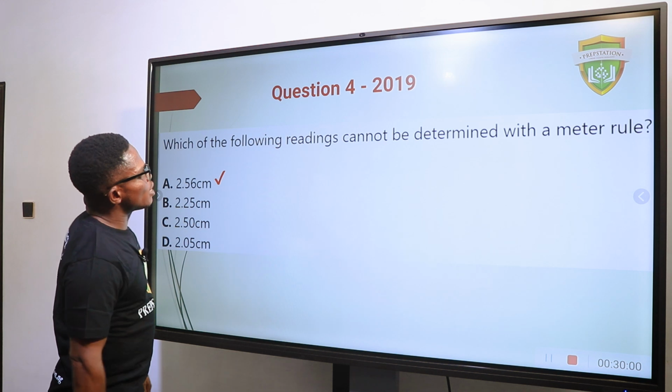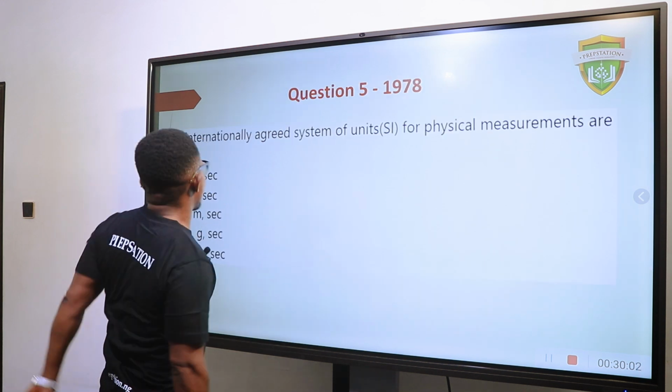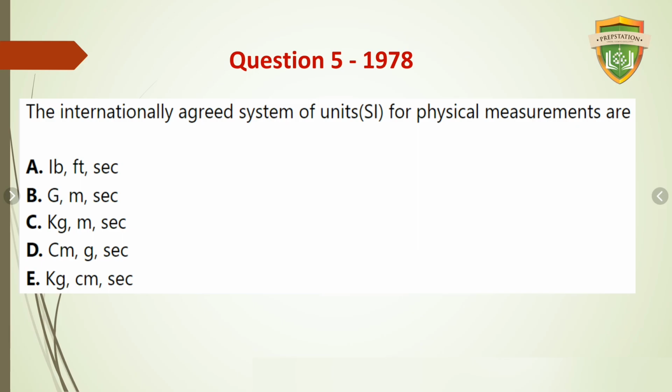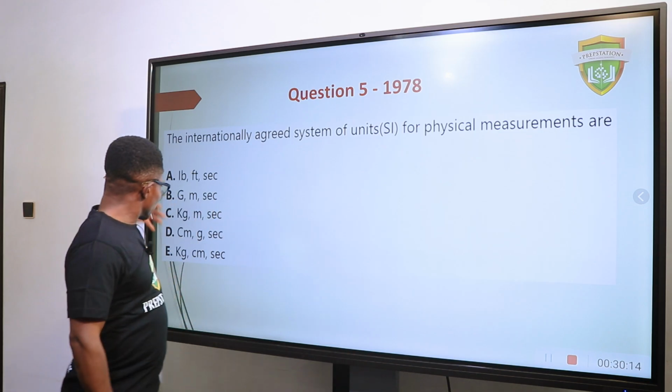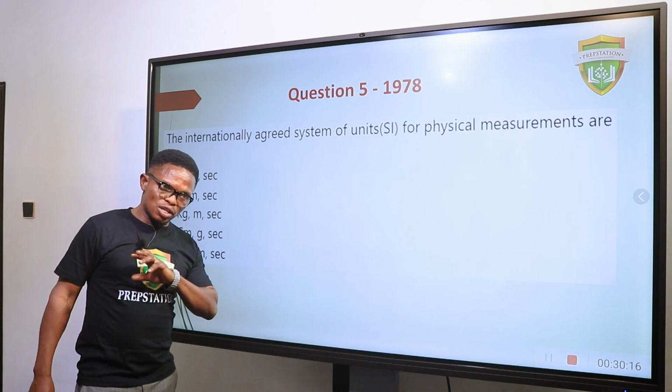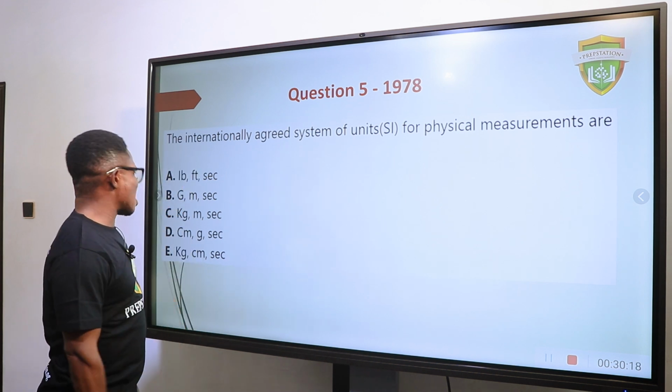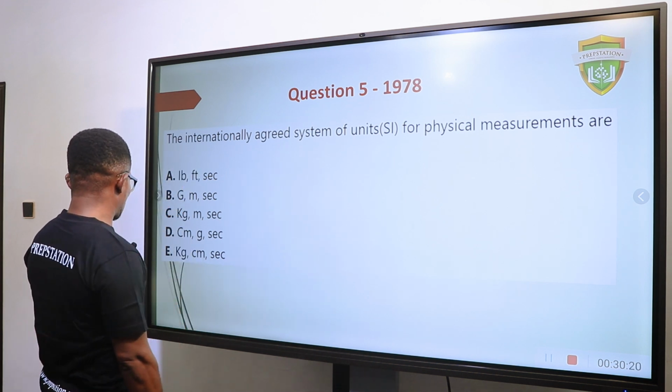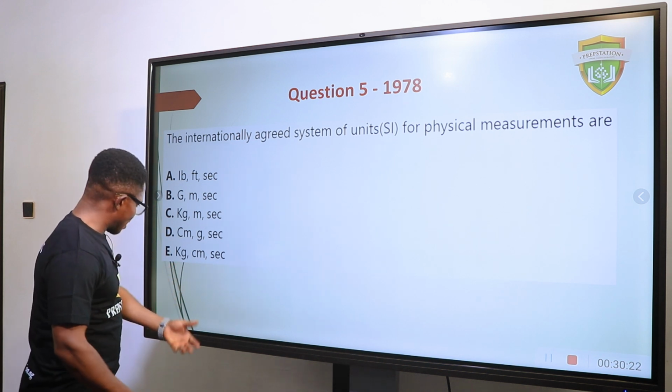All right. So let's move forward. Question 5. The internationally agreed system of units, SI, for physical measurements are what? I told you at the beginning of this lesson, the unit for length, the unit for mass, the unit for time. So if you look at all of this, kilogram, fine.